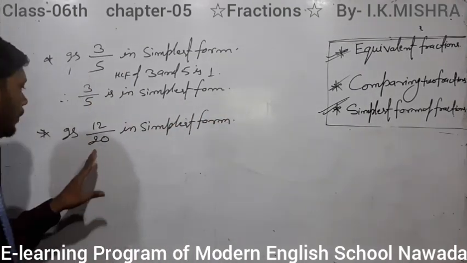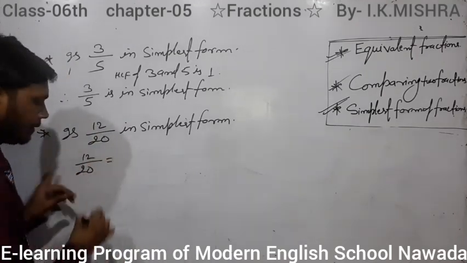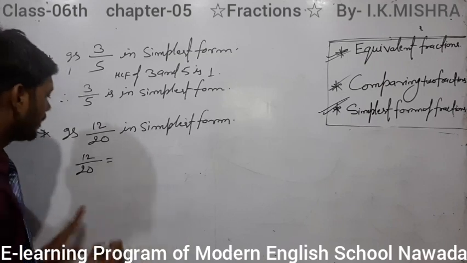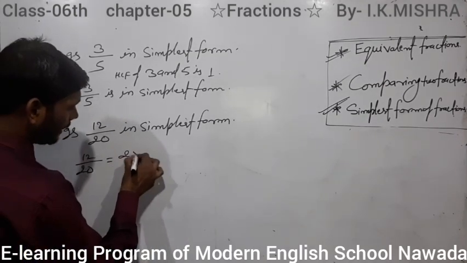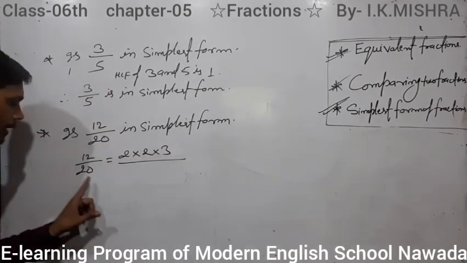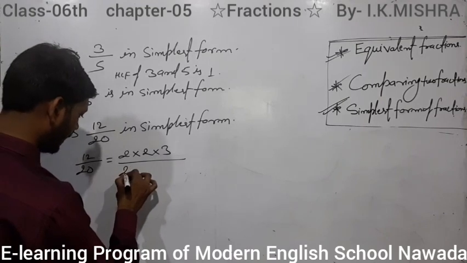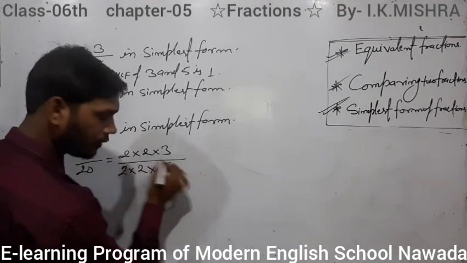Here students, when you write 12 and 20 in prime factorization, 12 is written 2 into 2 into 3, and students, 20 is written 2 into 2 into 5.